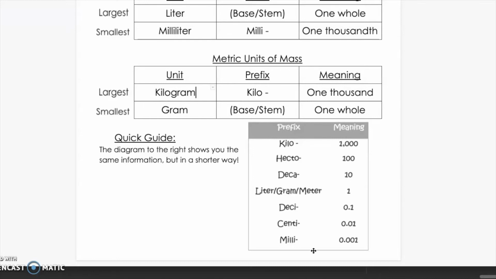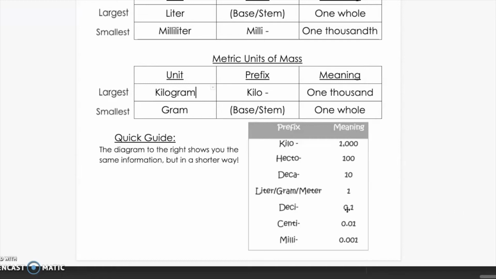Now, above and below it are the prefixes. The prefixes that are above the stem words mean that there are many, either 10, 100, or 1,000 liters, grams, or meters in those measurements. If it's below the stem words, that means that it's a fraction of the measurement or a decimal of the measurement.